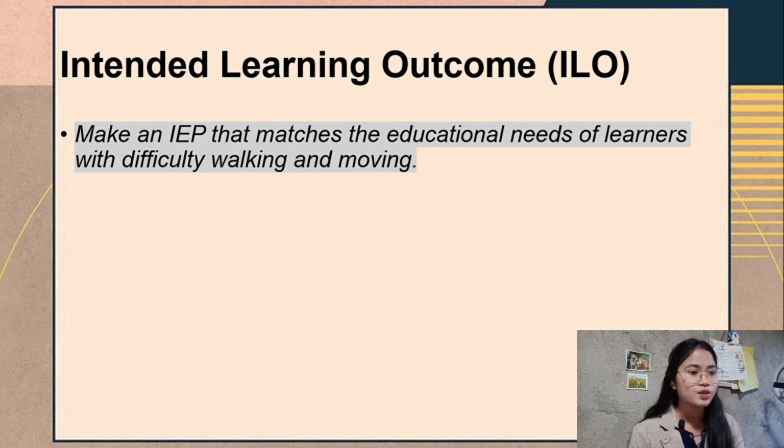Its purpose is to state the special education and related services as well as the supplementary aids and services that the public agency will provide to or on behalf of the learner. Another purpose of this program is to establish measurable annual goals for the learners.